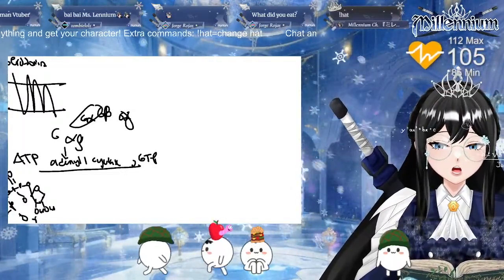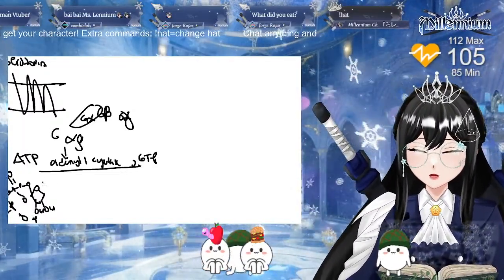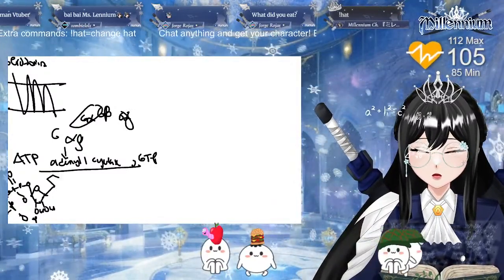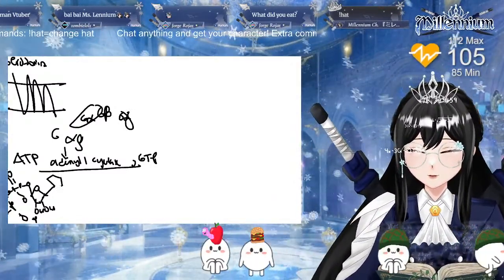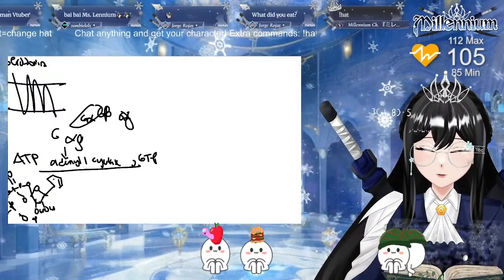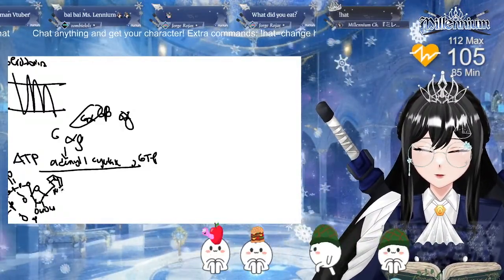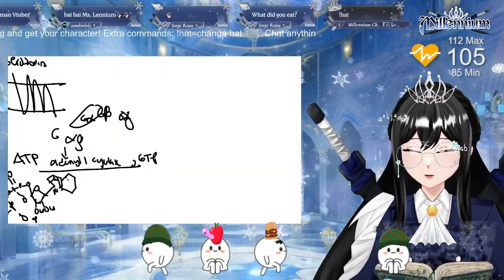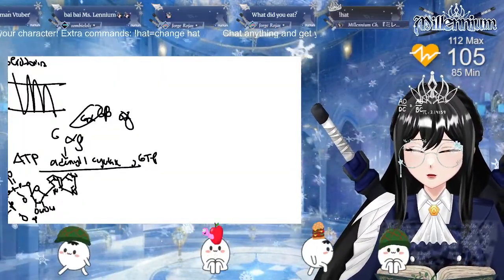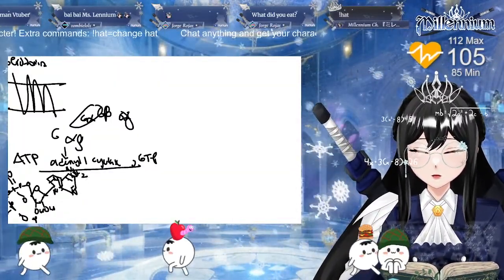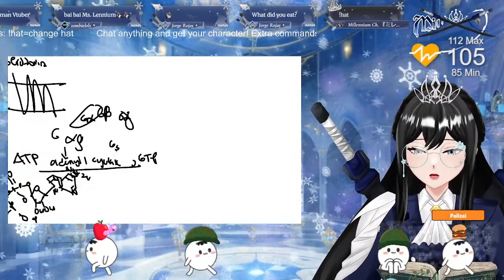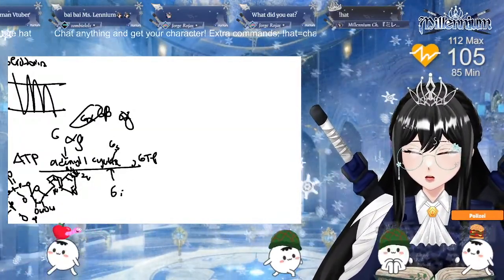And then this one's adenine, so it's like this. N, and then you have like this, N, NH2. Adenylyl cyclase with a Gs stimulates it, but Gi inhibits it.